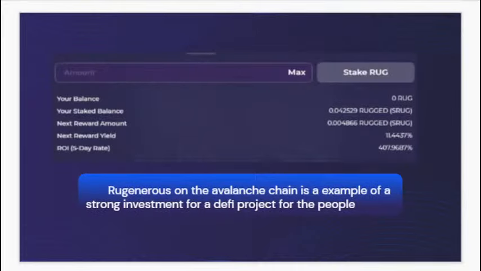Next, let's take a look at something called R U Generous. Now on the Avalanche chain, this is an example of what would be a DeFi project of a DAO. In a lot of DAO projects, you will have a token of that DeFi project. You have the option to buy and stake the token, you can mint the token, and bond the token for discounted rates, what have you, and get rewards for it either way.